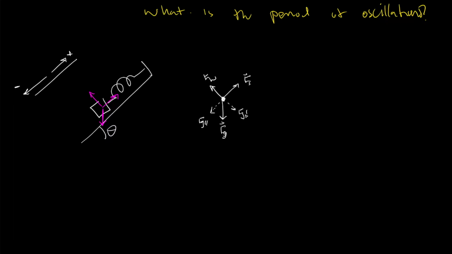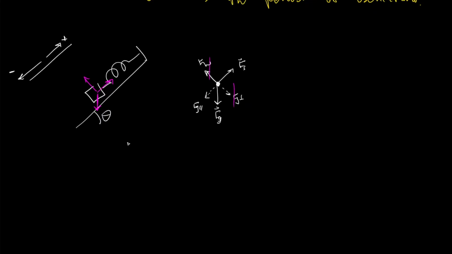We'll call that Fg perpendicular. And Fn and Fg perpendicular are equal to each other, so they cancel out, which means the two forces that we care about on this box are the spring force going up the ramp and this Fg parallel down the ramp.